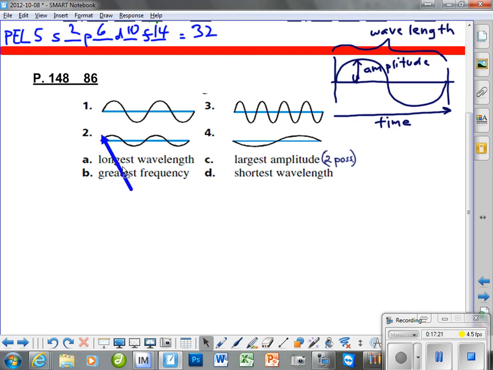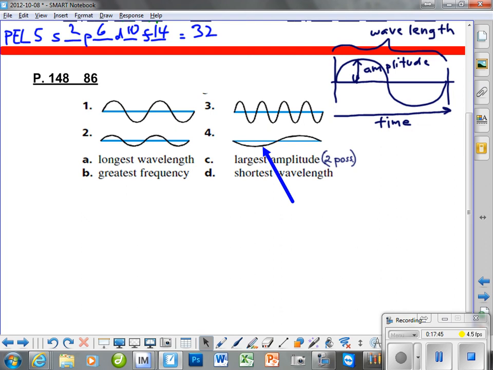So all of these are going to represent the same period of time. So which number, 1, 2, 3, or 4, is going to be most representative of what I've drawn? One wave. Which one has one wave? 4. Yeah, right.